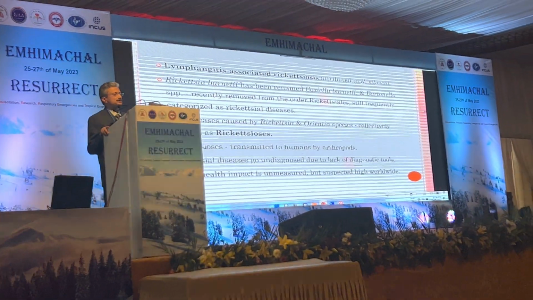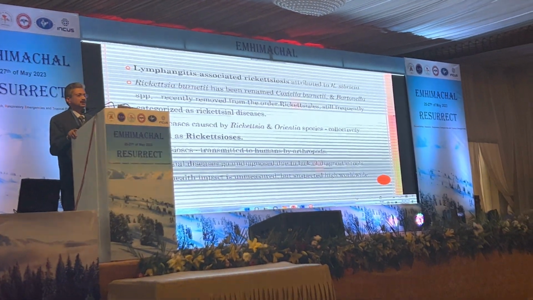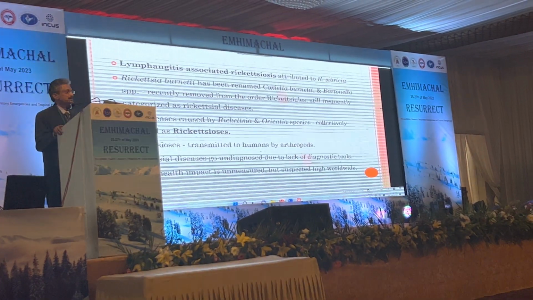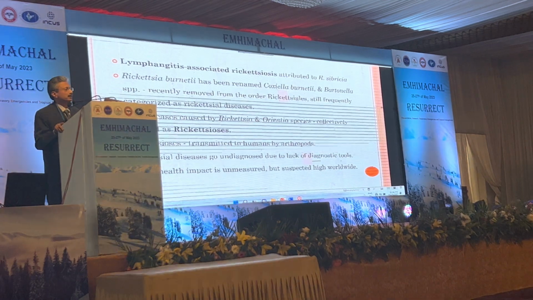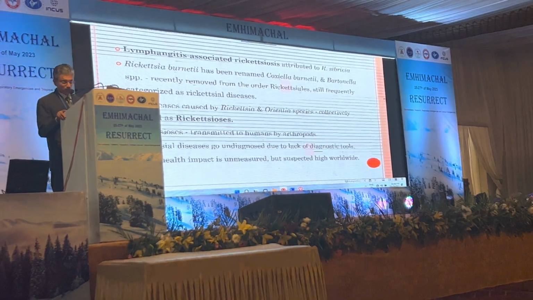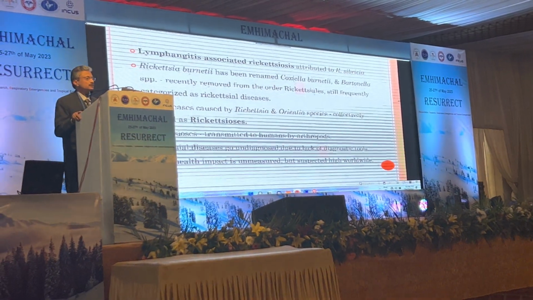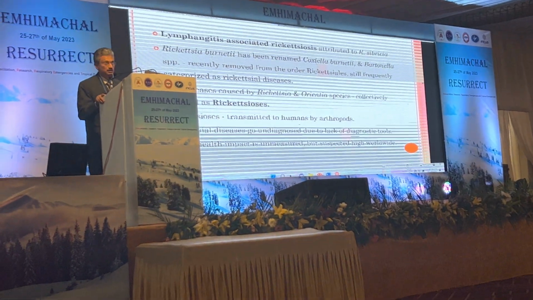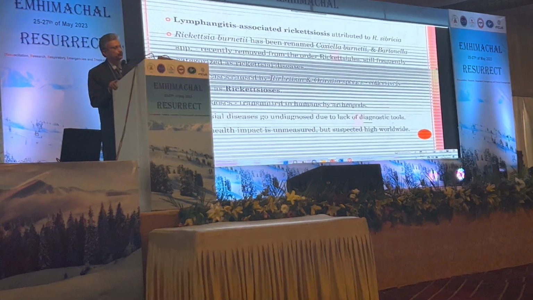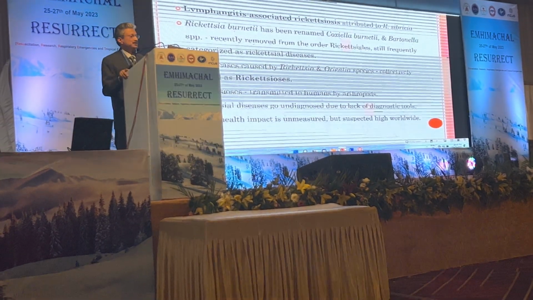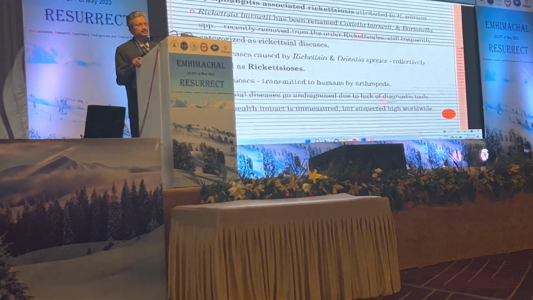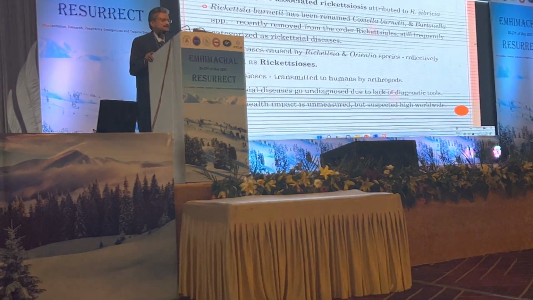Lymphangitis-associated rickettsiosis is related to Rickettsia sibirica. Rickettsia brunoti was renamed as Coxiella burnetii and Bartonella species. These have recently been removed from Rickettsia, but still in literature, many times we find that these are being described along with rickettsial infection.